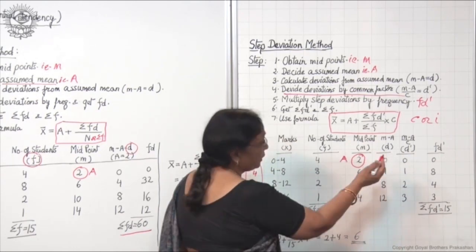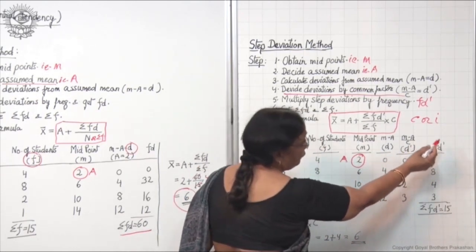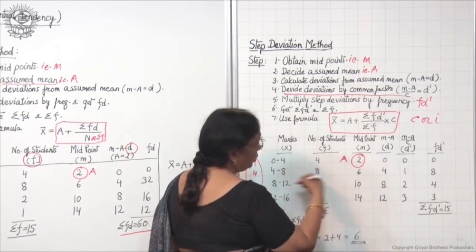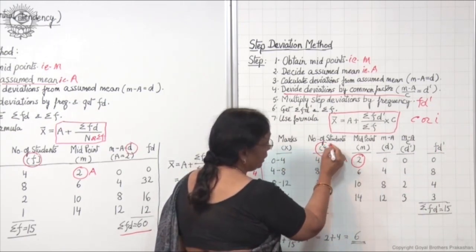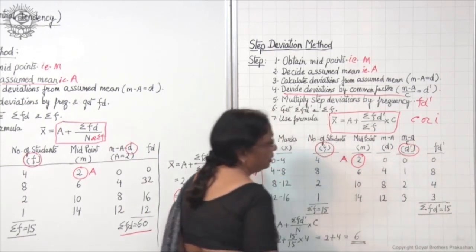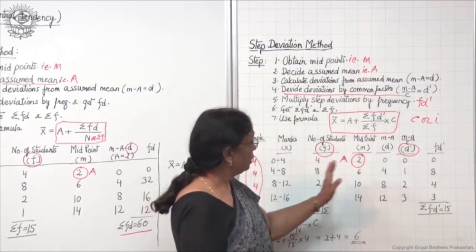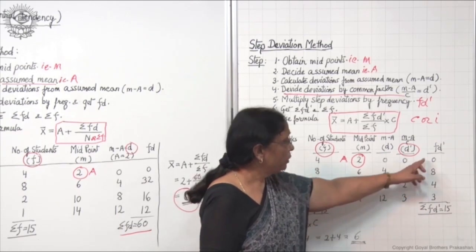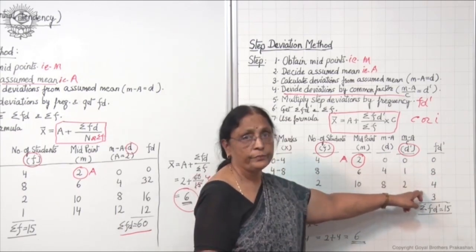Now next step is you have to calculate FD dash. Find out where is F column, this is here, where is D dash column, this is here. And very clear, when you multiply these two columns, you will get FD dash.